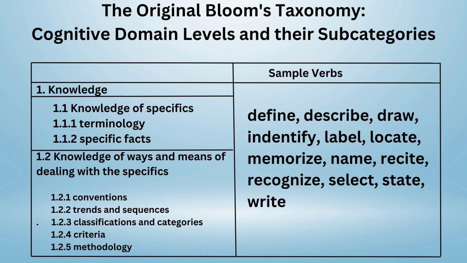While the verbs recognize, select, and state can be used in 1.2, which is the knowledge of ways and means of dealing with the specifics. So, these verbs help to better understand the expected tasks or skills that a student should acquire at each level.